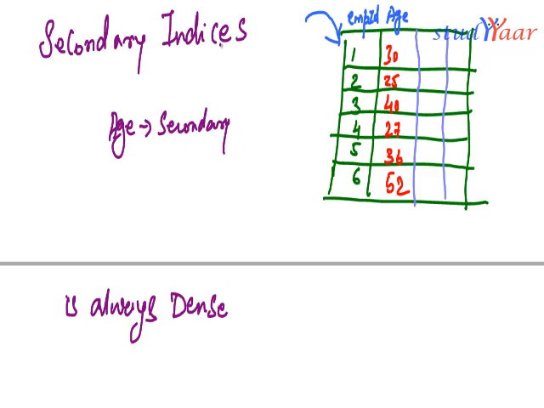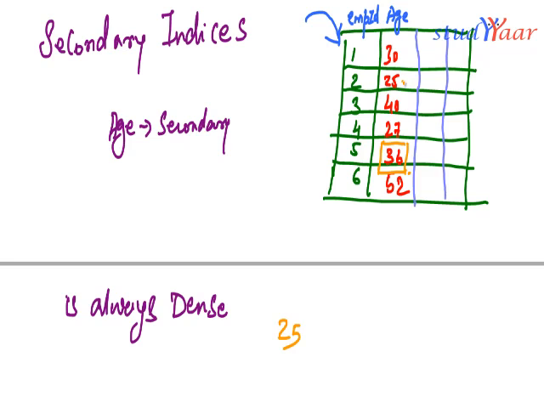Why is it dense? Because let's suppose I want to find out the person with age 36. Okay, I want to find out this guy, and in my index, let's suppose I have an entry to 27, or rather let's suppose I have an entry to 25. Okay, now I have reached here, but now where do I go?